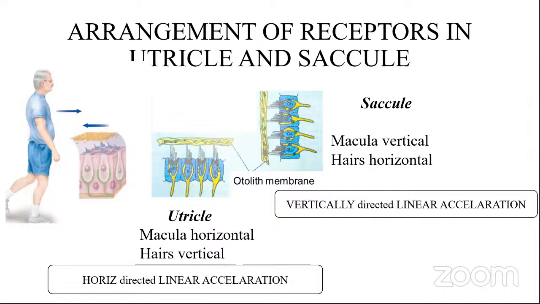So, the horizontally directed linear acceleration is detected by utricle, whereas vertically directed linear acceleration, that is gravitational pull, is detected by the saccule.